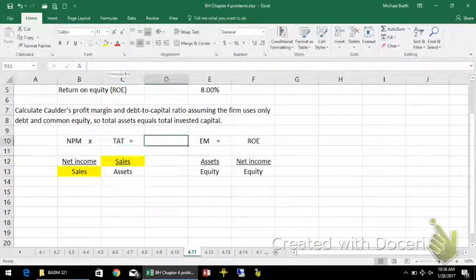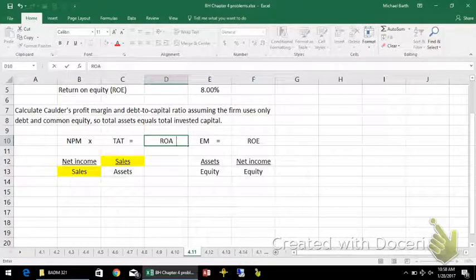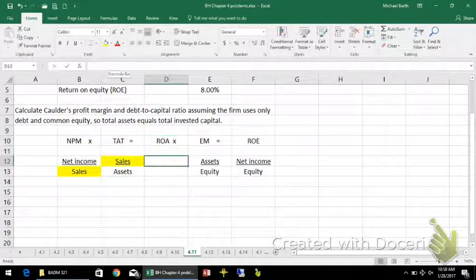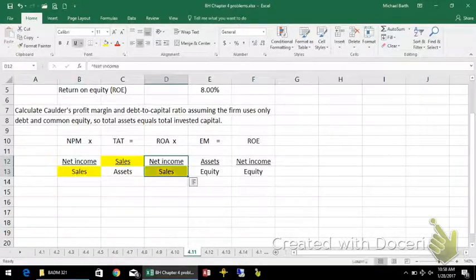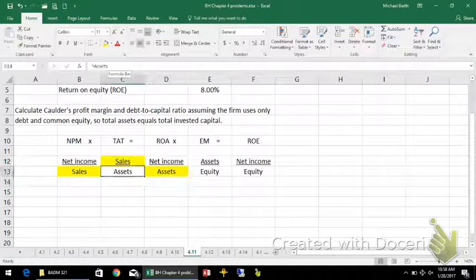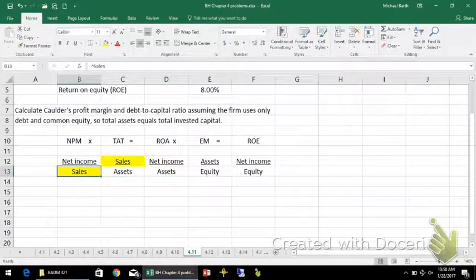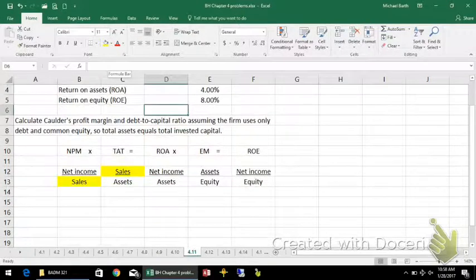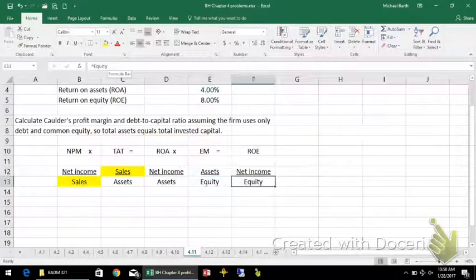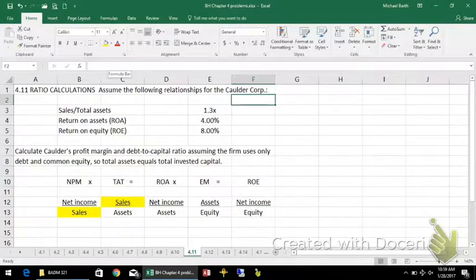If you have ROA, and then you multiply that times the equity multiplier, net income over assets. So net income over sales times sales over assets equals net income over assets, the ROA. Multiply that by the equity multiplier, and you have net income over equity.